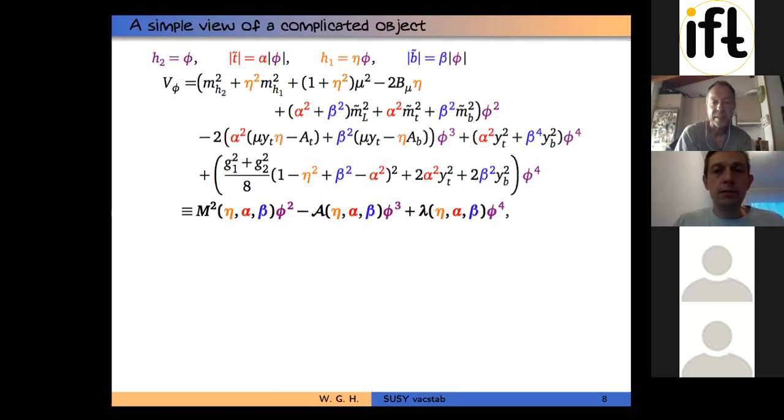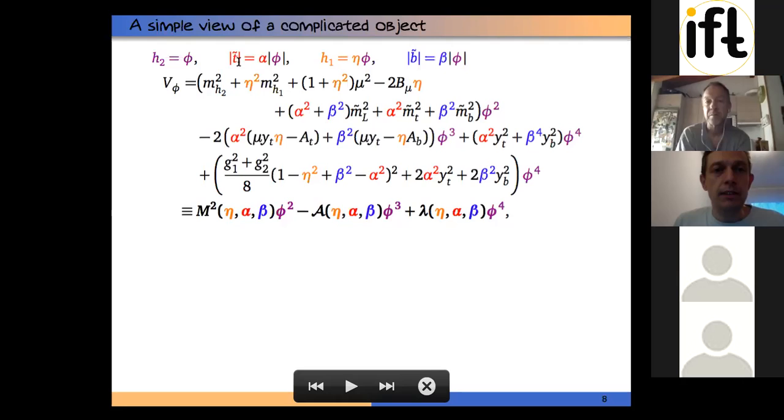So here's just, again, this potential from before rewritten a bit, that we now try to capture the missing deviations in this field direction. So now I say I want the top squark field direction to be somehow aligned with this up-type Higgs, but it can deviate with a parameter alpha.